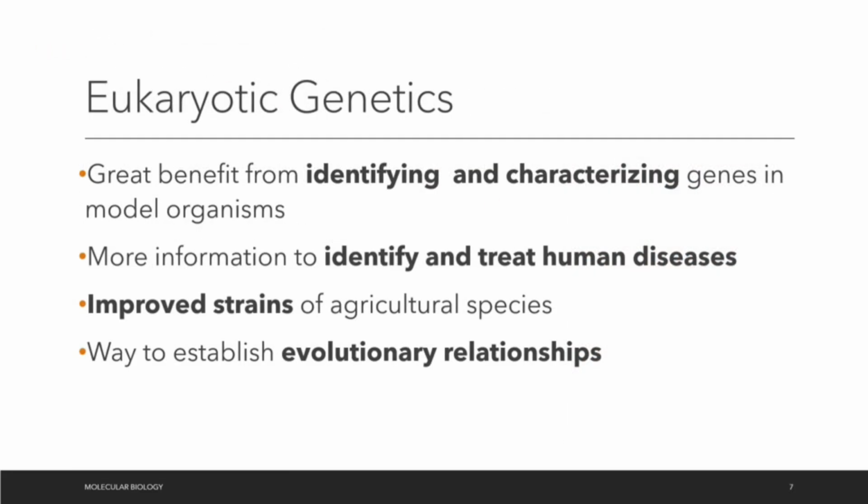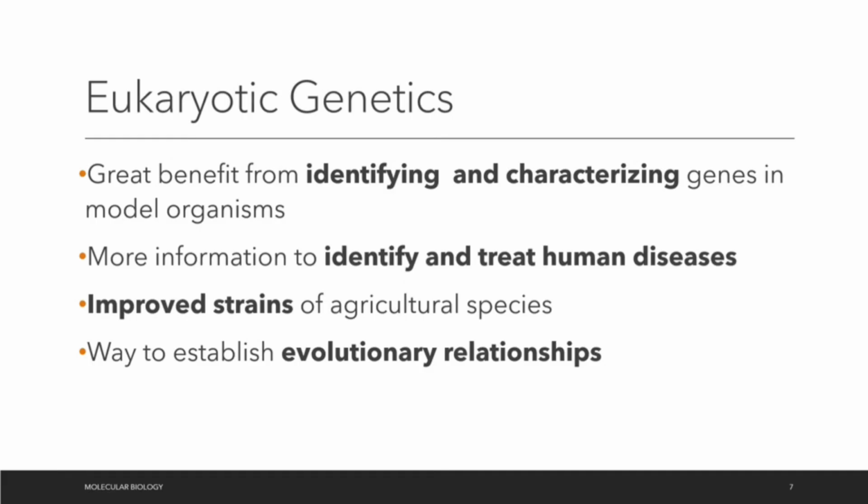Next, let's take a look at eukaryotic genetics instead. Now, the reason why we're studying the eukaryotic genetics is because we can benefit greatly from identifying and characterizing genes in model organisms. Okay. And from there, we might get more information about identifying and treating human diseases.